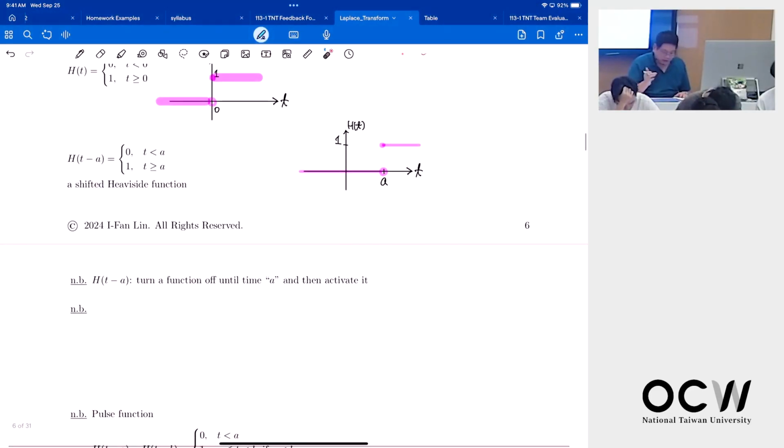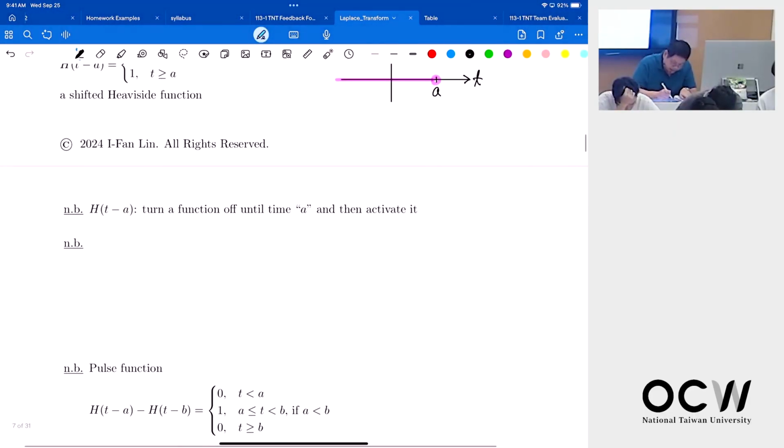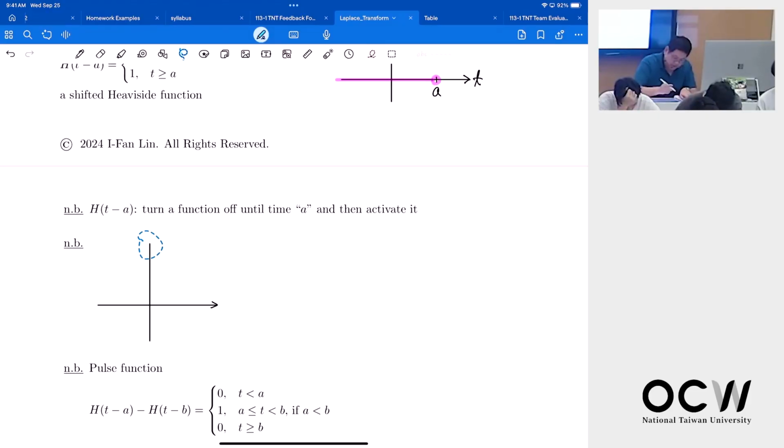So if I have a function as y equals x squared, or t squared, then originally the function looks like this, y of t and t.